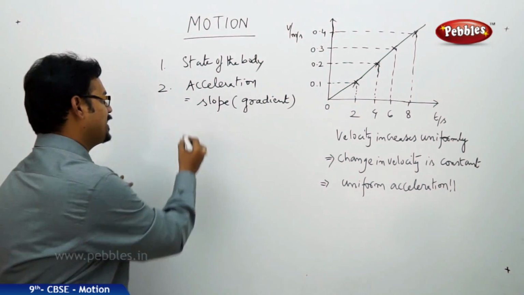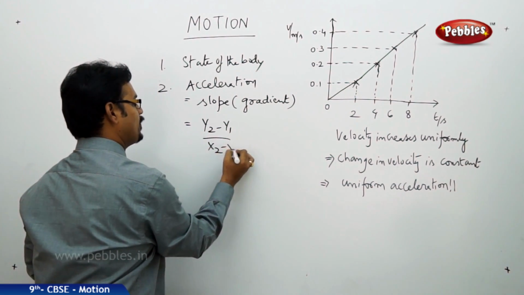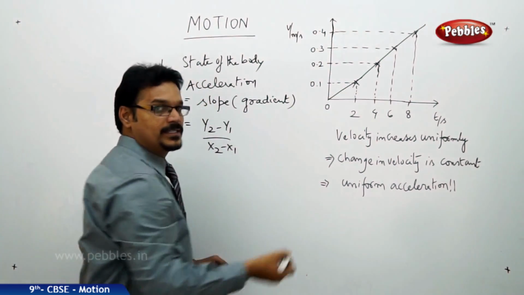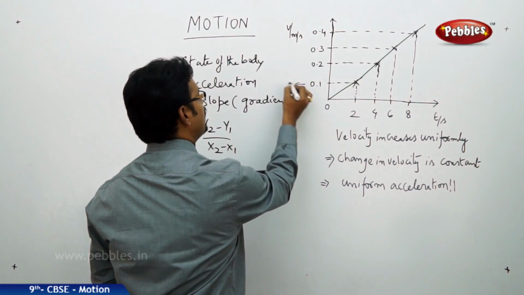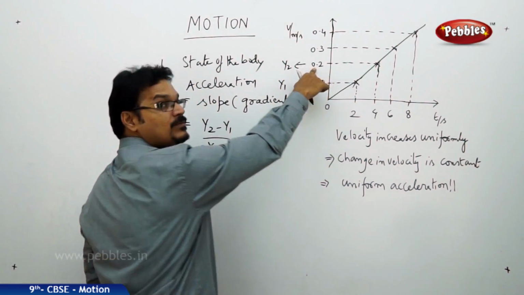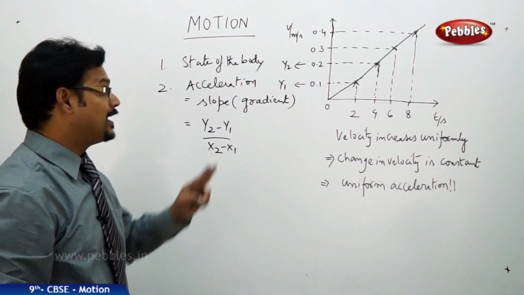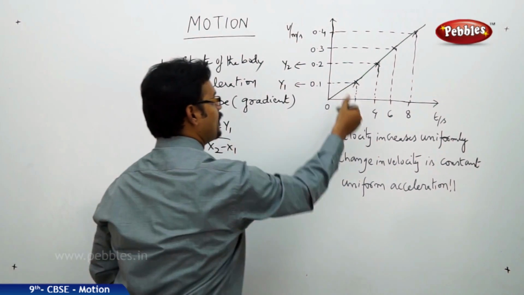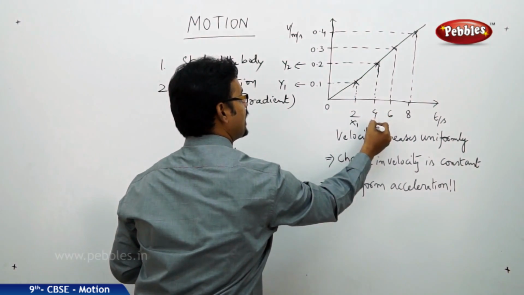Same mathematical formula, y2 minus y1 by x2 minus x1. Take any two points on the y-axis as y1 and y2. Let me take 0.1 as y1 and 0.2 as y2. It's your choice, but be careful: corresponding to y1 is x1, and corresponding to y2 is x2.